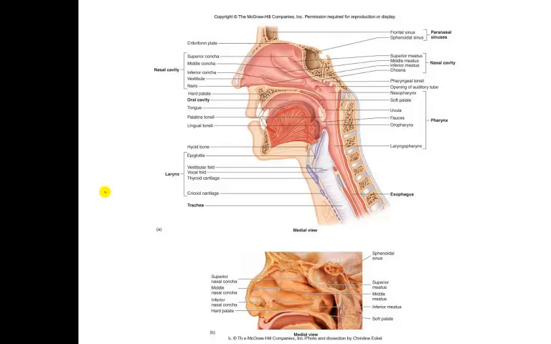Starting with the nose. The nose is generally the main way that most of our air gets into our respiratory tract. So air comes in through the external holes called external nares.